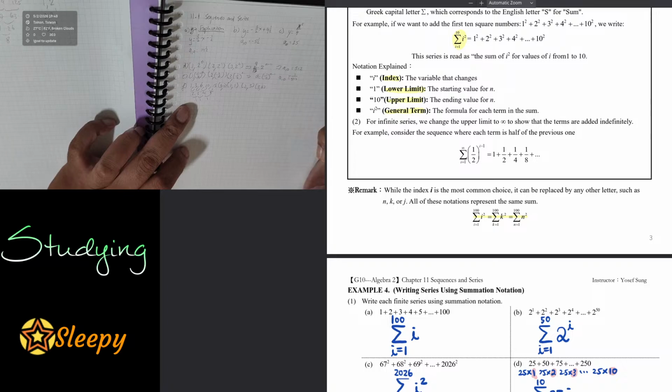Oh, it's 1 plus 3 plus 4. It is 1, and then plus 2, and then plus 3, and then plus 4.